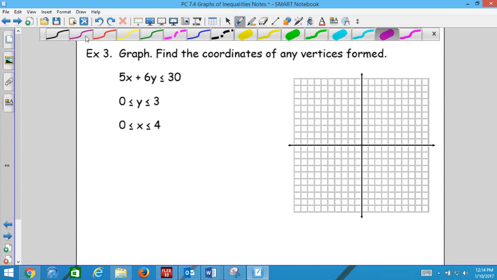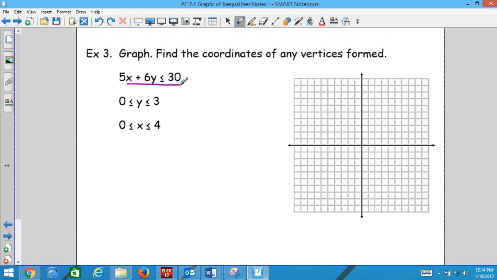Okay, so the very first question is in standard form. I'm going to do that by x and y intercepts. So my x-intercept is something, 0. What is that? 6, 0. The y-intercept is 0, 5. So I graph those.